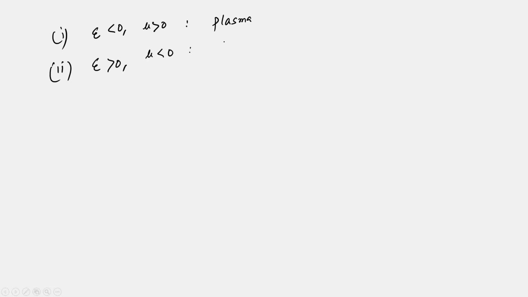This is probably some artificially fabricated material, not really seen in real materials. And 3, one can have both epsilon negative and mu negative, and these are called the metamaterials in optics.